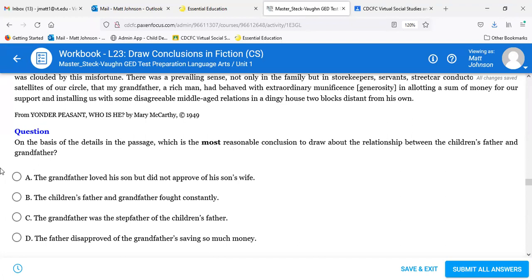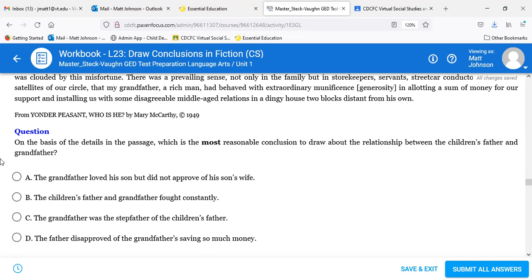A, the grandfather loved his son but did not approve of his son's wife. B, the children's father and grandfather fought constantly. C, the grandfather was the stepfather of the children's father. And D, the father disapproved of the grandfather saving so much money.